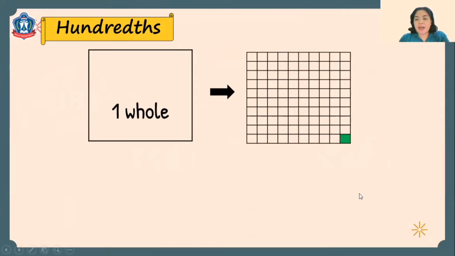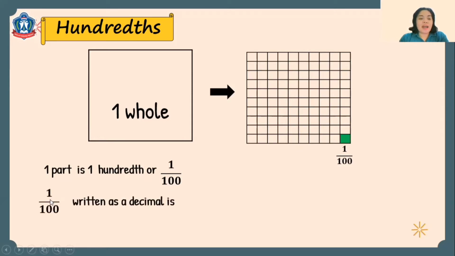This part shaded with green is one part of one whole. So one part is what we call a hundredth, or we write it as 1/100. If we want to write this as a decimal, take a look.